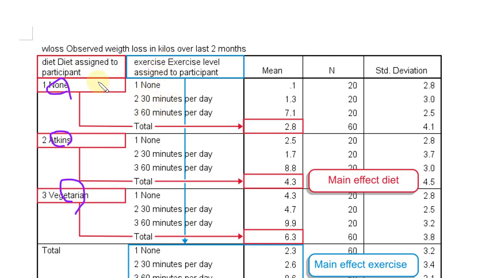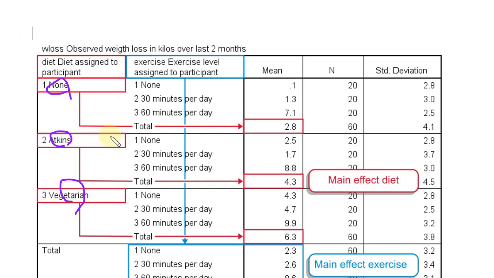Then we can easily detect whether this one does not make any influence on losing weight, or whether they make any combination effect together. So we can see easily, right?